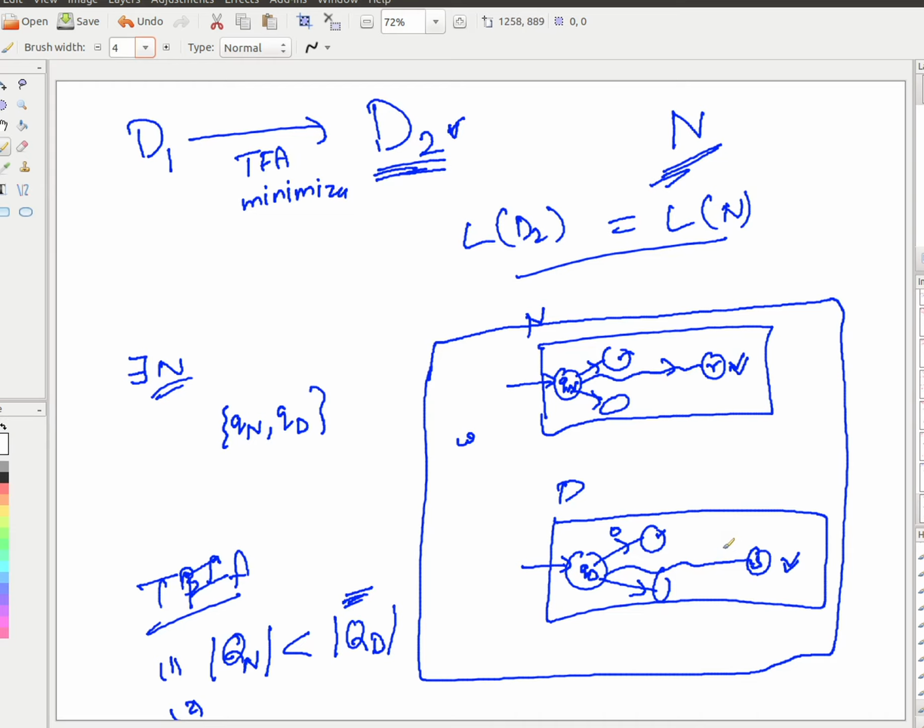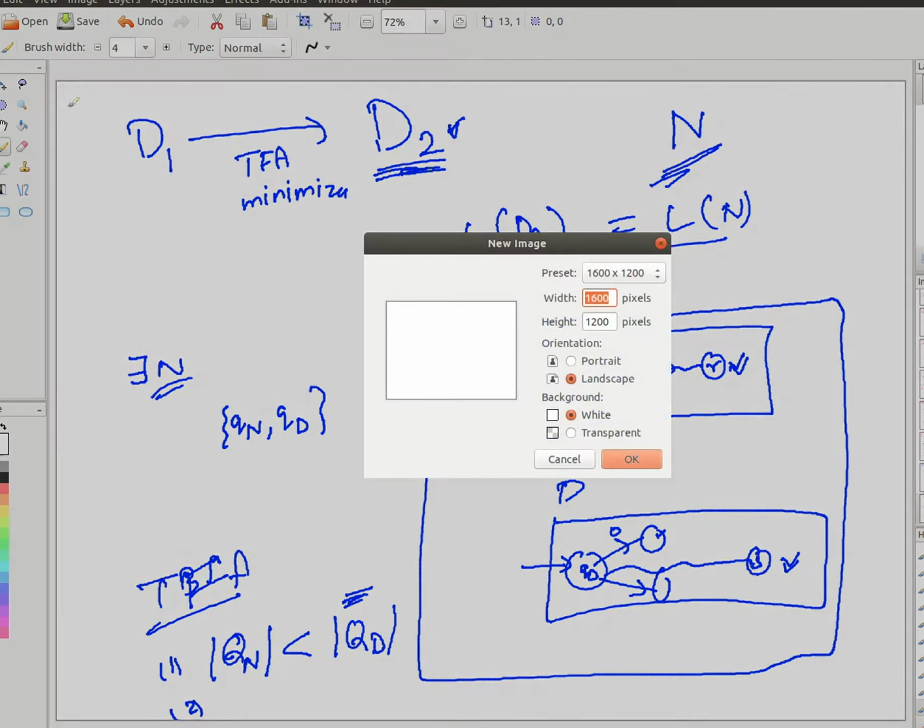And therefore if they are equivalent to each other, as per the construction of D2, they cannot be equivalent, and therefore you have a contradiction. So that proves that your assumption that you can design such a machine is wrong; the answer is no, you cannot design it. This is the smallest that you can get. Okay, that's all for regular languages.